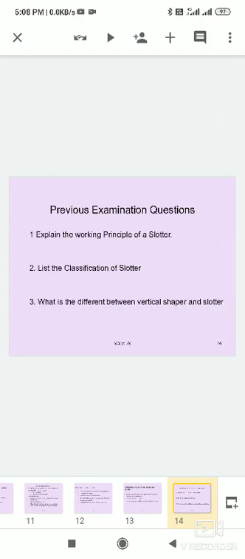And these types of questions are also asked. Slotting operations: machining flat and cylindrical surfaces, rectangular slots, keyways and grooves, machining irregular surfaces and cam profiles, machining blind holes also.